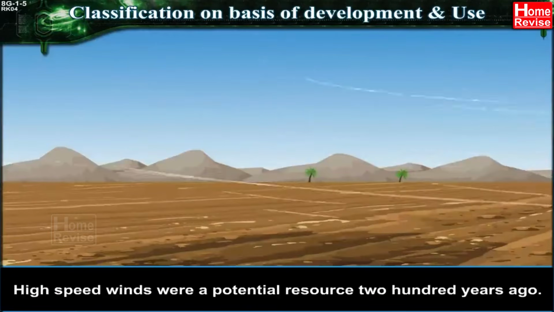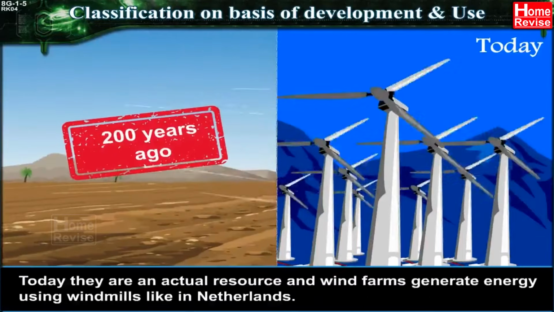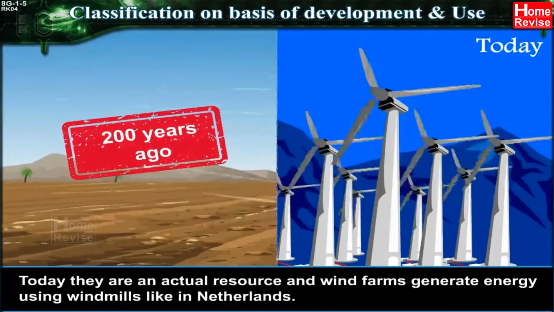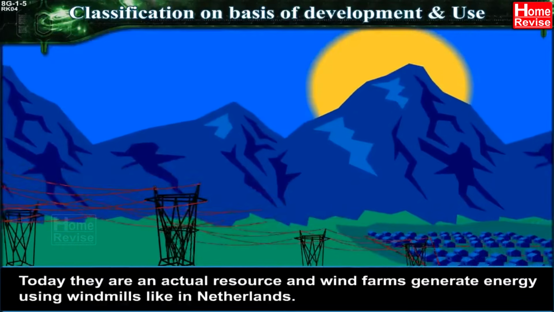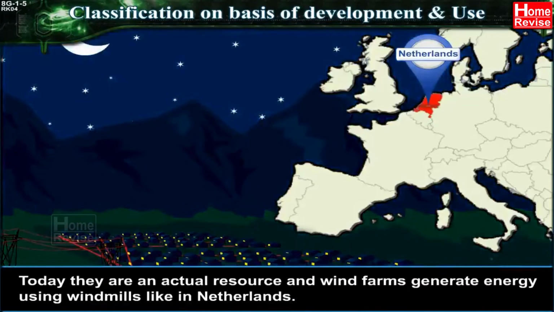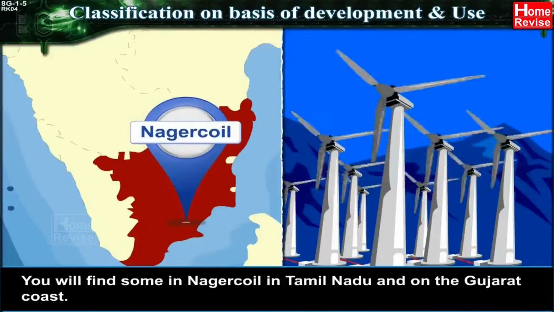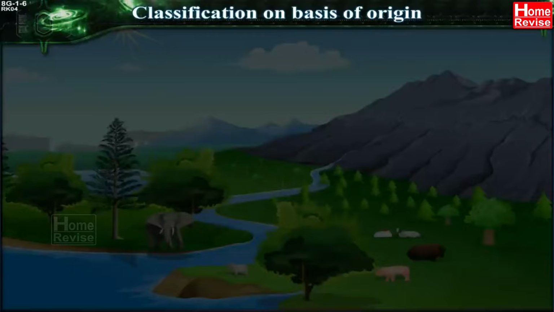High-speed winds were a potential resource 200 years ago. Today, they are an actual resource, and wind farms generate energy using windmills like in Netherlands. You will find some in Nagercoil in Tamil Nadu and on the Gujarat coast.